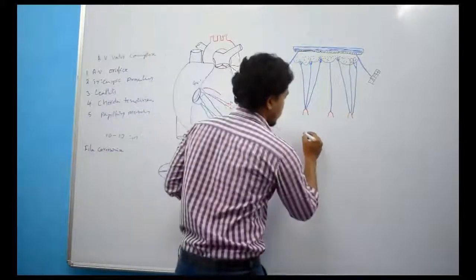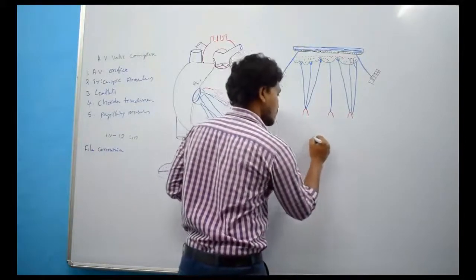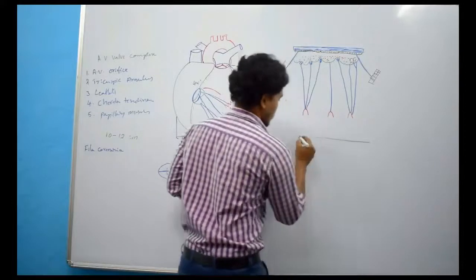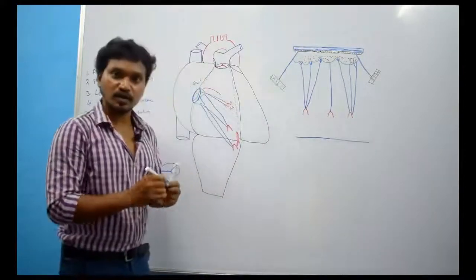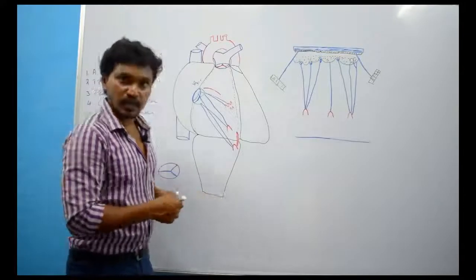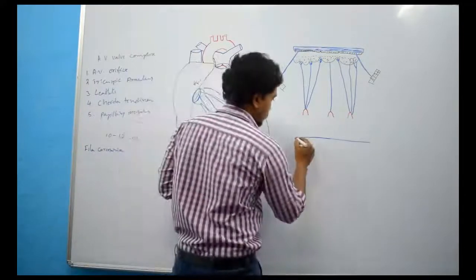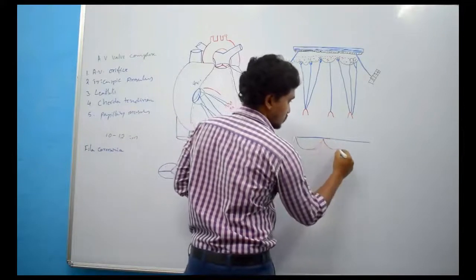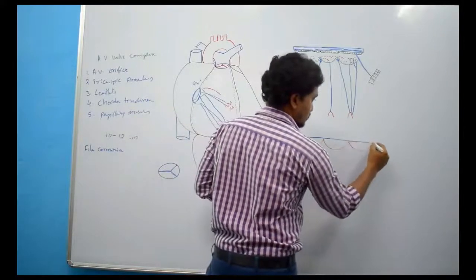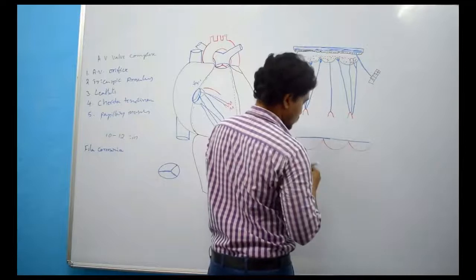This is the wall of the pulmonary trunk, right? To this wall there will be attachment of 3 cusps. This is 1, 2, 3.